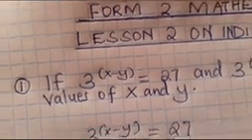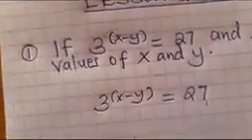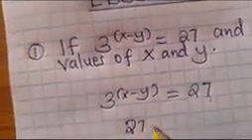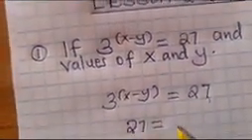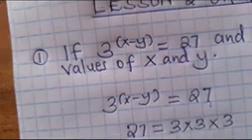So now this 27, you realize that when we write 27 as a product of its prime factors, we are going to have 27 is equal to 3 times 3 times 3.